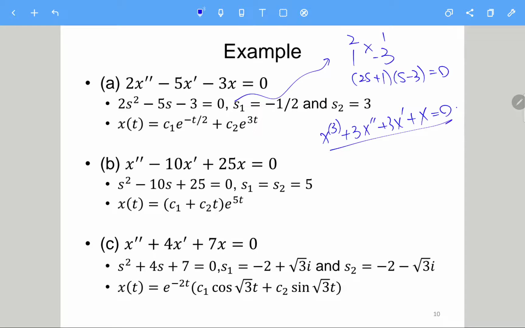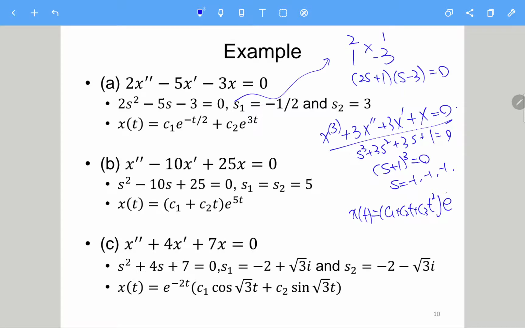If we have an equation like this, we have s cubed plus 3s squared plus 3s plus 1 to be 0. So s plus 1 cubed to be 0. So s to be minus 1, minus 1, minus 1. And in this case, x(t) will be like c1 plus c2t plus c3t squared, exponential to minus t, something like this.